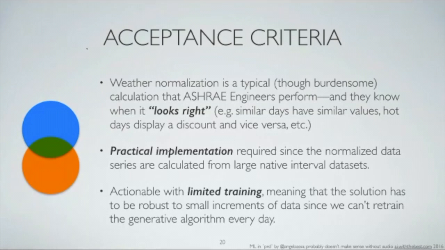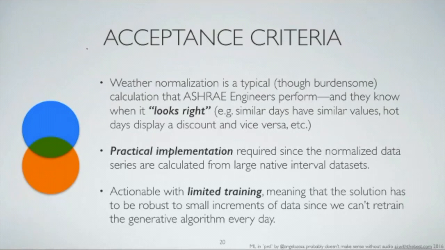So it was very important that whenever we showed something that was this novel model that we had, it did not cause anybody who had 30 years experience looking at what this looks like to recoil. The second criteria that we had was a practical implementation, since normalized data series would be calculated from very large native interval data sets.